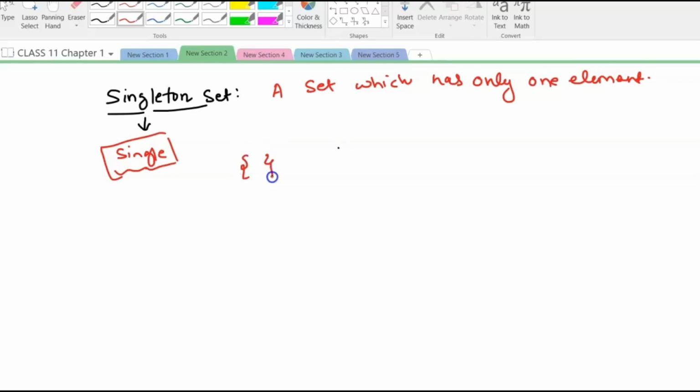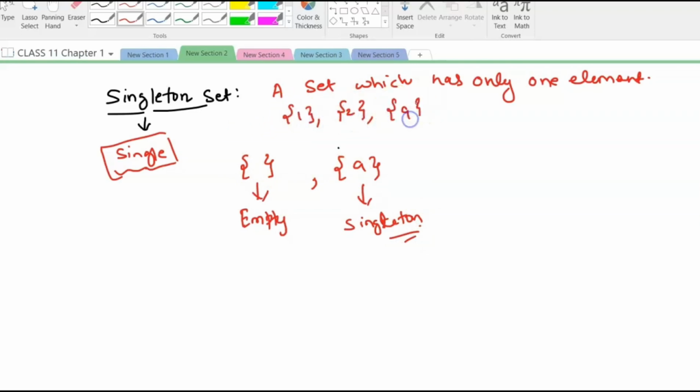So if a set contains zero elements, that set will be empty. And if a set contains a single element, then we call that set a singleton set. Examples of this set could be anything. It could be 1, it could be 2, it could be A, it could be B, it could be pen, anything. Any set which has one single element, we call a singleton set.